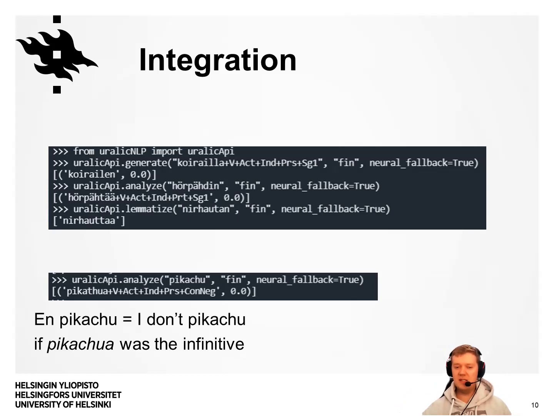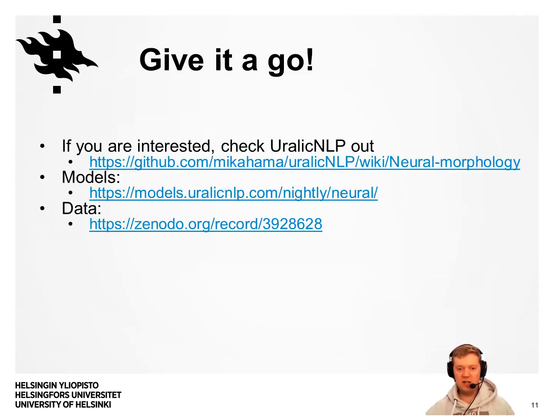And probably C is even a character that was never in the training data, because Finnish words usually don't have the character C. So instead of being lemmatized to Pikachua, which would be the hypothetical infinitive, it is lemmatized completely off as Pikatua, which makes us think that, okay, maybe in the future we have to really rethink this for foreign words.